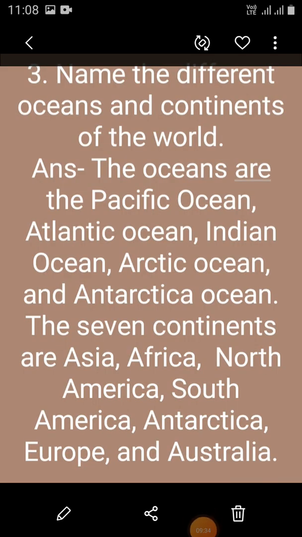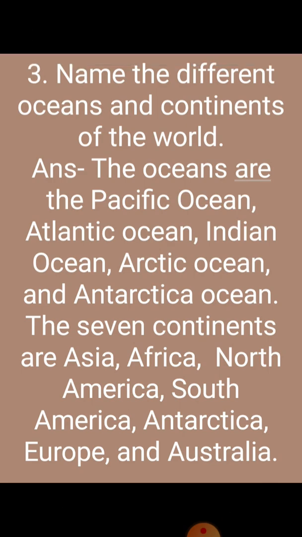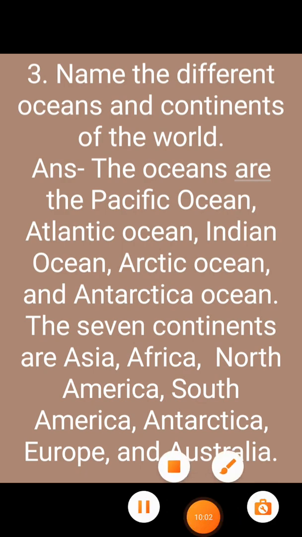Name the different oceans and continents of the world. Answer: the oceans are the Pacific Ocean, Atlantic Ocean, Indian Ocean, Arctic Ocean, and Antarctic Ocean. The 7 continents are Asia, Africa, North America, South America, Antarctica, Europe, and Australia.